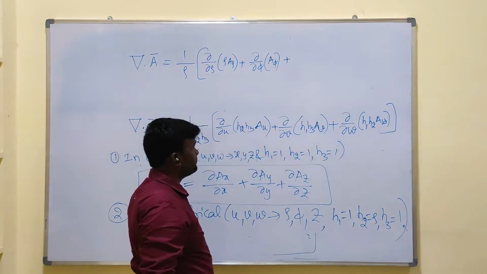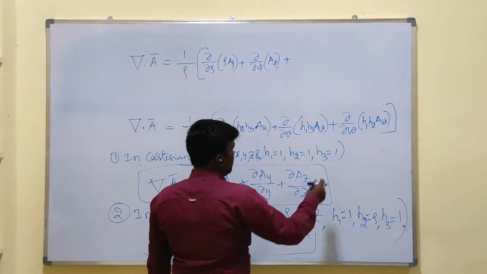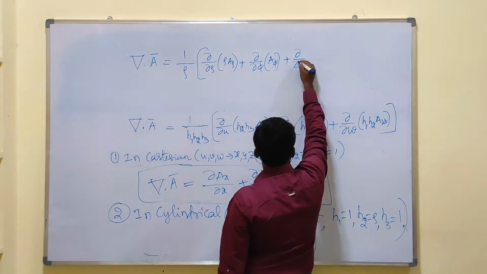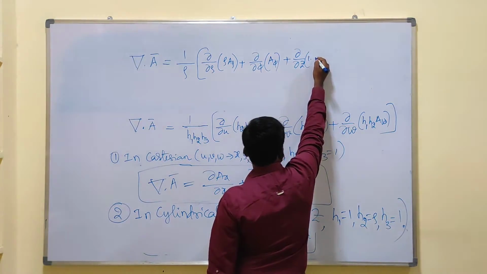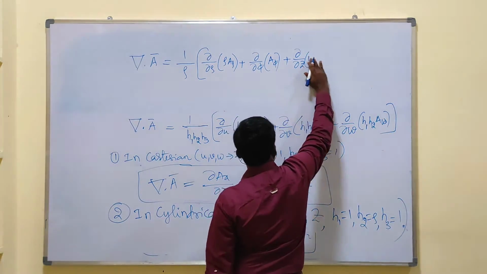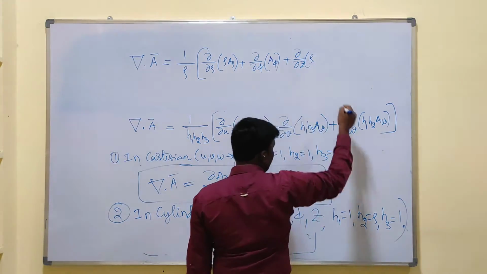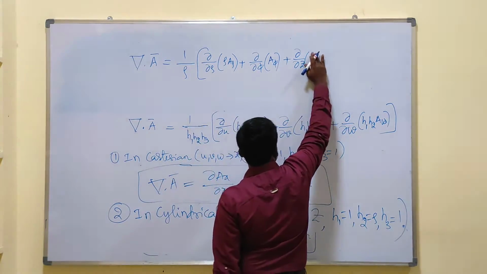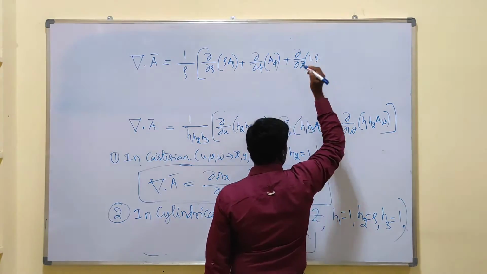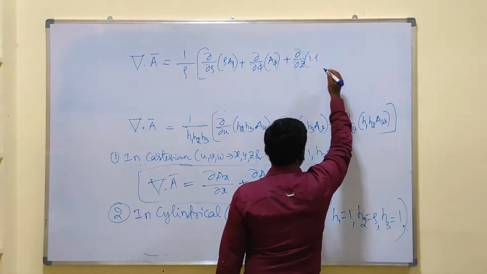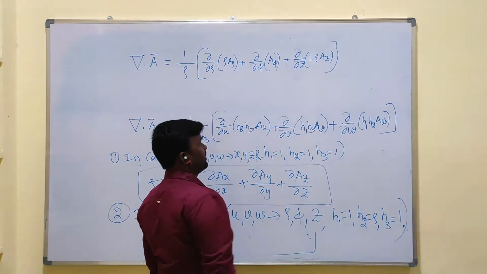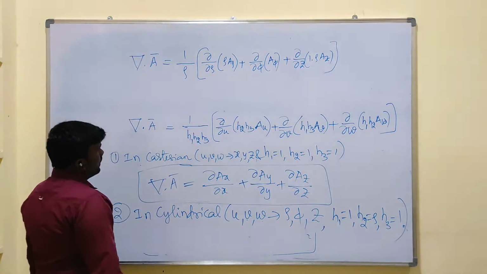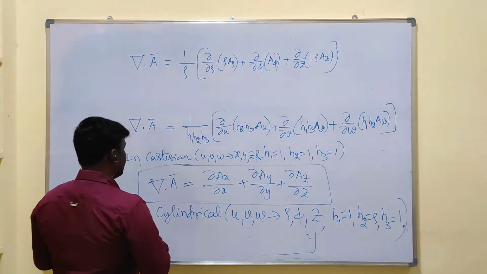Plus ∂/∂w, that is ∂/∂z for the third element. h1, h2: h1 is 1 and h2 is rho, 1 into rho only. Else if you want, you can write 1 into rho into Aw, which is Az. It is not a dot product, just multiplication. Now simplify this.